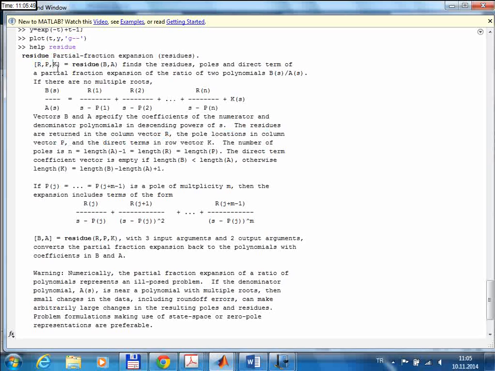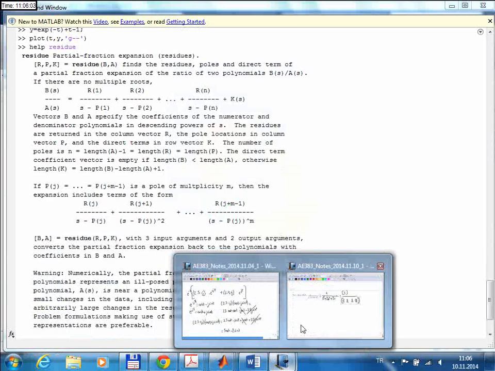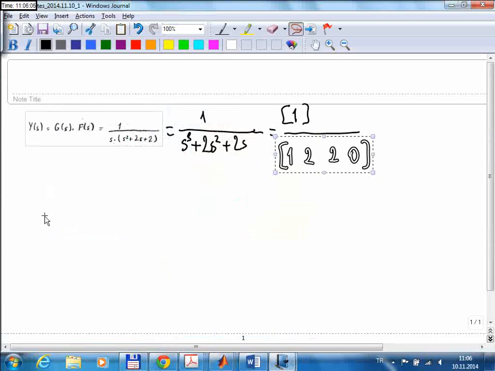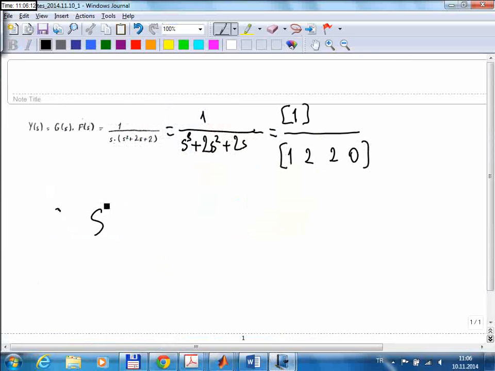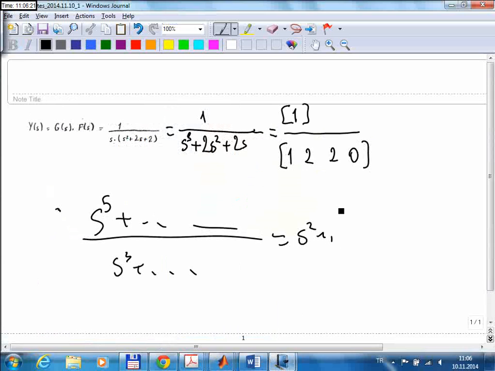So that's required if you have the numerator degree greater than or equal to the degree of the denominator. So if you have something like s to the power 5 plus something divided by s to the power 3 plus something, in this case the ratio will give you s squared plus some, there will be some constant terms, right?